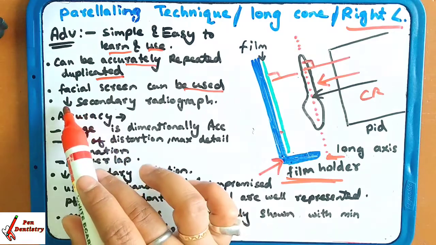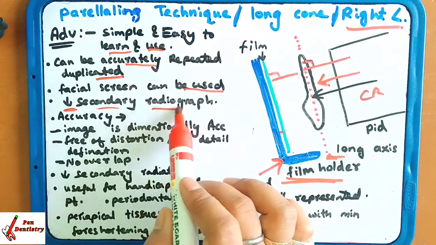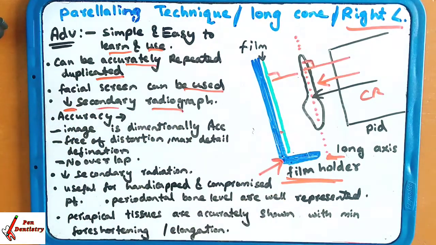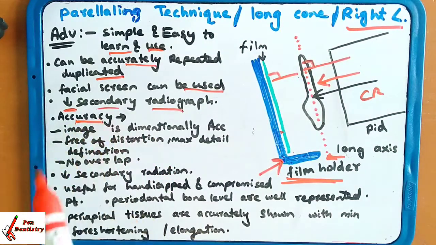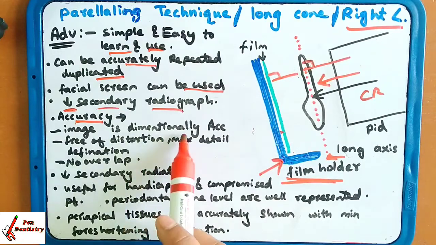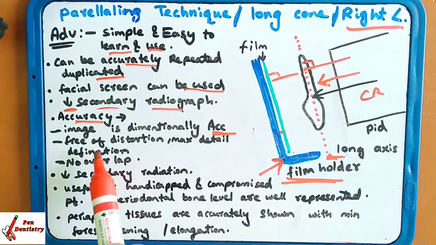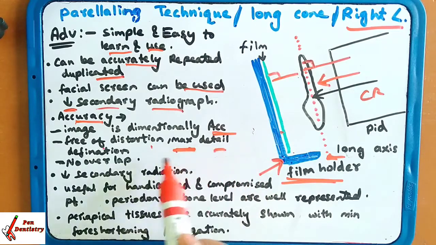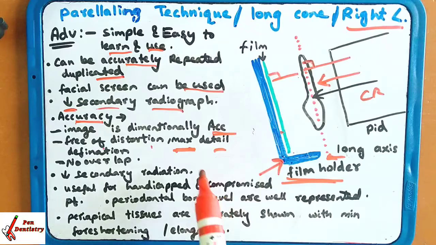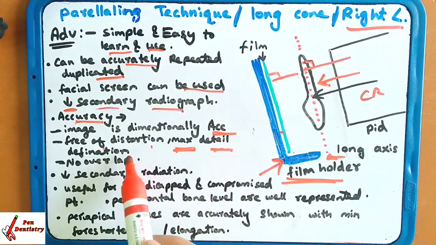There is decreased secondary radiation. The image is dimensionally accurate, free of distortion, has maximum detail and definition, and there is no overlap.